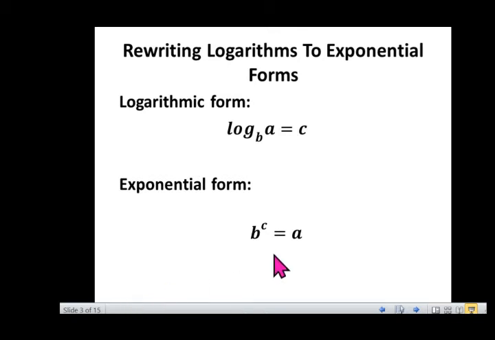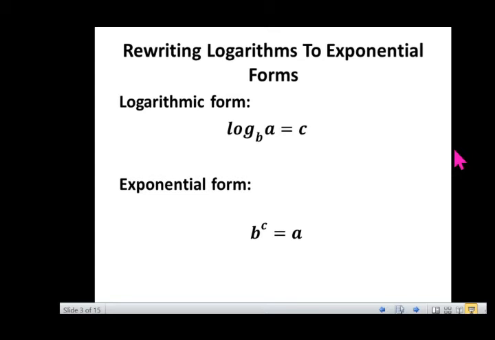So in order for you to rewrite a logarithm to exponential form, you must understand that the variables in your logarithmic form are the variables that can be written in exponential form, but in a different position.